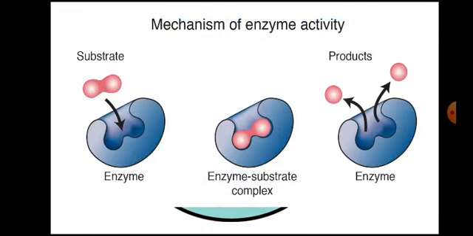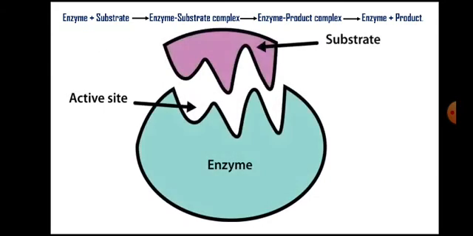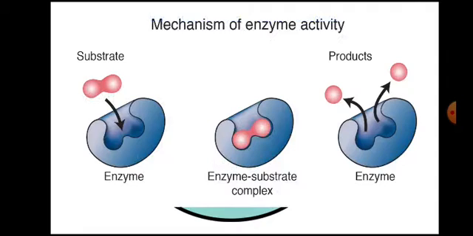Then the mechanism of enzyme activity, as it was shown in this reaction. We'll see this in the form of a diagram. So this is the mechanism of enzyme activity. You can see that this is the substrate, having a combination of molecules.